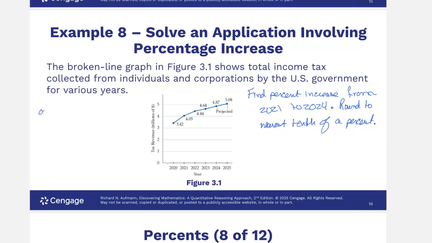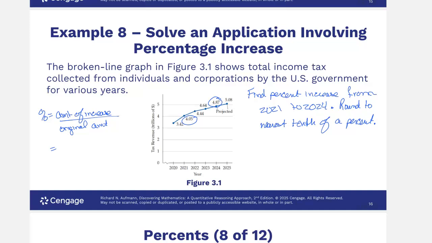So percent increase has a formula with it. It is the amount of increase divided by the original amount. So the amount of increase, we're looking from 2021 to 2024.